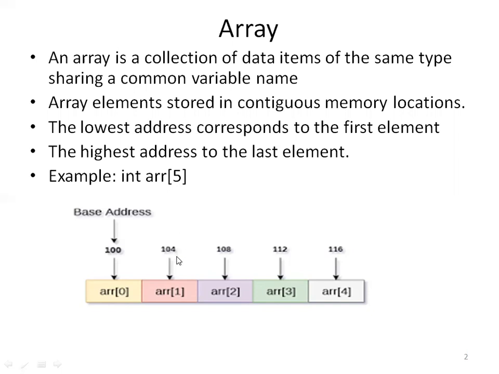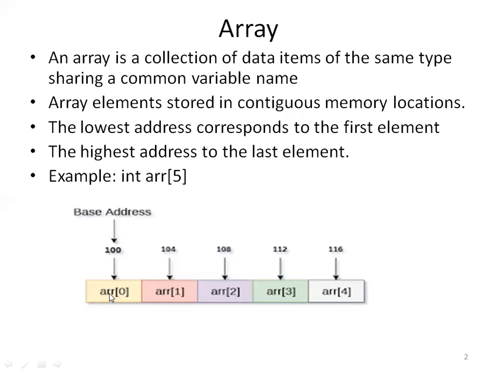And here in this diagram, you can see the array elements are shown. So arr[0] is the first element, arr[1] is the second element, arr[2] is the third element, and arr[4] is the last element. And all these elements are stored in contiguous memory locations.